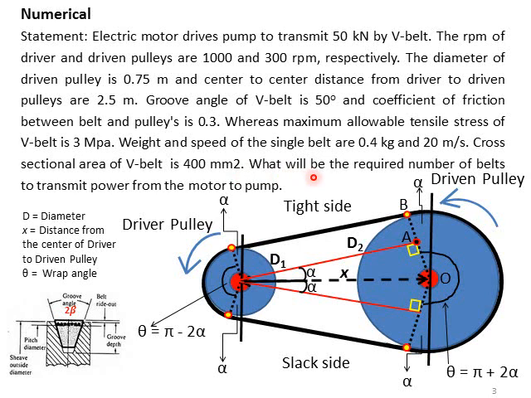And what is required? What will be the required number of belts to transmit power from motor to the pump? So here is the plenty of data that we have got, and the requirement is what will be the number of belts that will be mounted over the driver and driven pulley to transmit how much power? 50 kilonewton from the driver motor to the driven pump.